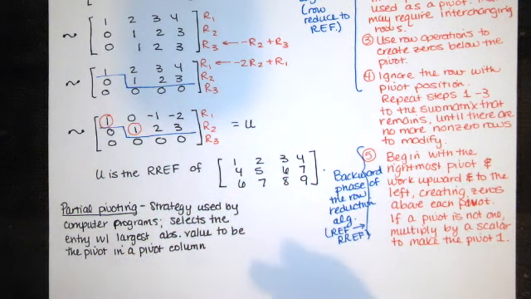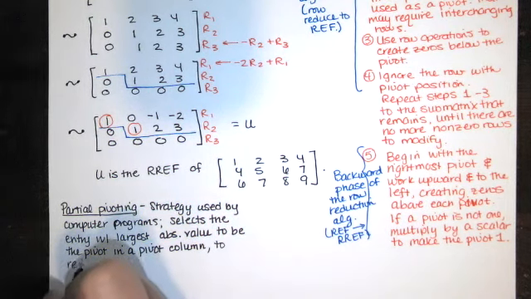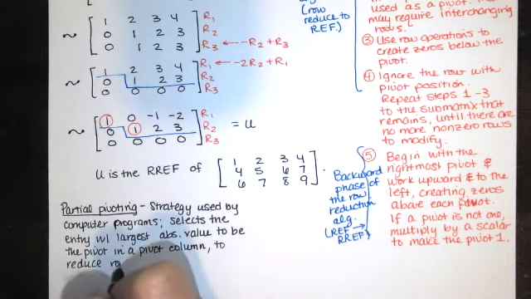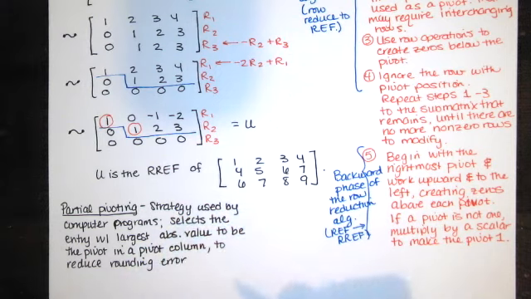And the reason it does that is to reduce rounding error. Most of the time a computer is doing this for you, and we want the results we get through these row operations to be as accurate as possible.